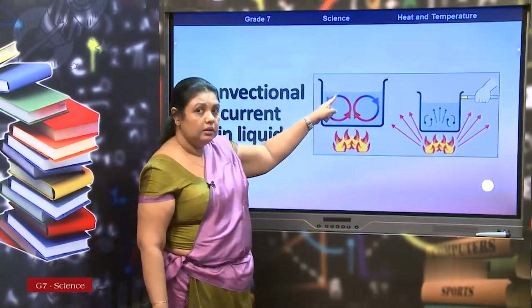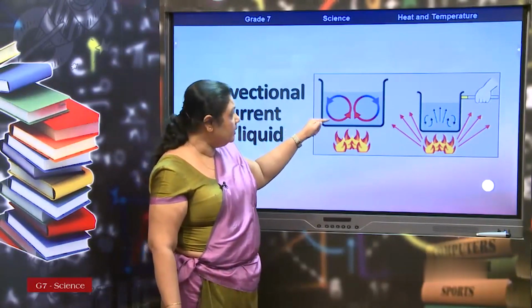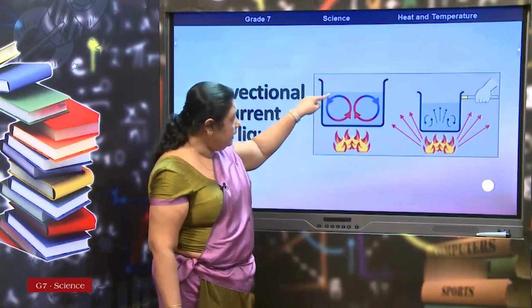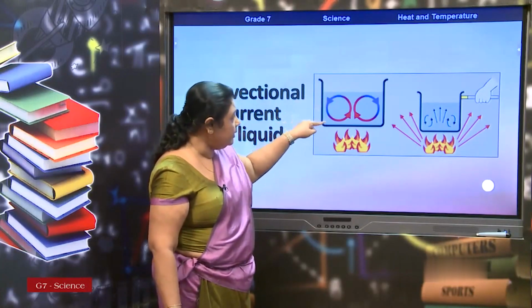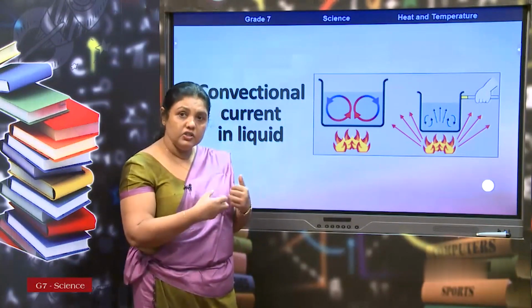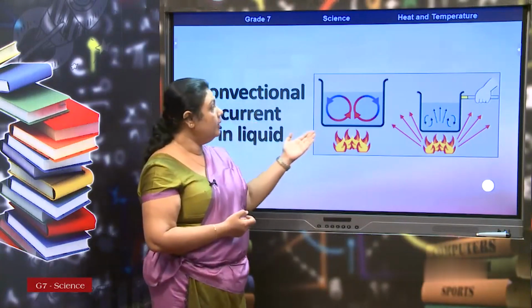They are cool. What happened now? They are coming down, right? Hot particles get lighter and move up. The cooler particles are denser, and move down. Once they move down, they are also heated with the help of convection and it moves out.